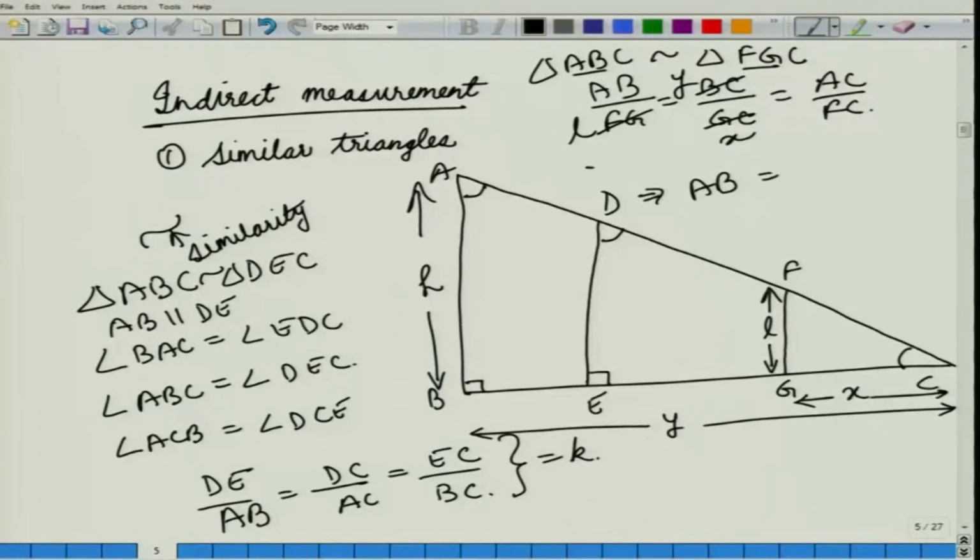AB is equal to, by using this relation, Y upon X into L. Now, because we know Y, X and L, we can get AB or the height of the tree. So, this method is known as the method of similar triangles, and in another lecture we shall look at this method in more detail and also look at the instruments that we use if we want to measure the height of a tree using similar triangles.